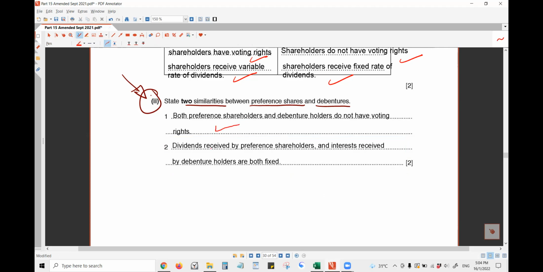Dividends received by preference shareholders and interest received by debenture holders are both fixed. I know one is dividend, another is interest, but I'm not referring to dividends and interest. I'm referring to the fixed element as the similarity.